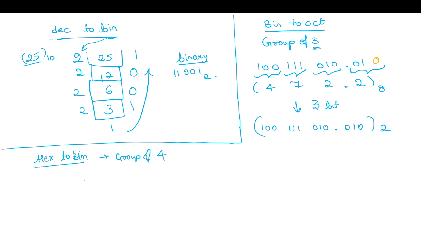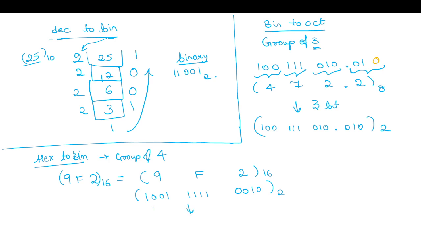In the same way, consider an example like converting 9F2, which is base 16, to binary. So 9 we can represent as 1, 0, 0, 1. F is represented as 1, 1, 1, 1. 2 we have to write in a group of 4 as well.